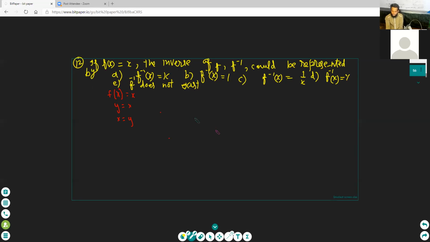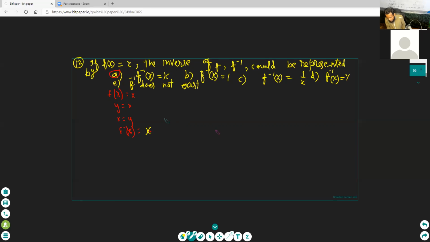Okay, which is f inverse? Yes, this new y. Replace x and y. Then this we cannot change. Wait, I made a mistake. No, no, x. Okay, good. Choose the option.